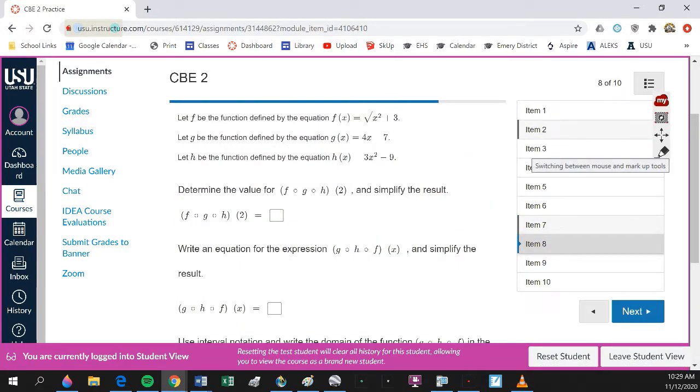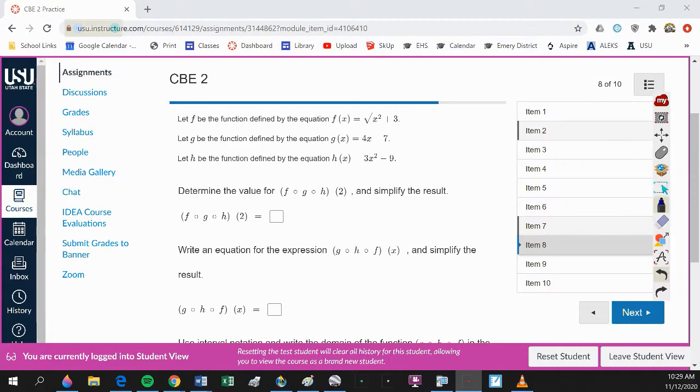All right. So here we plug 2 into h. So 3 times 4 minus 9. 12 minus 9 is 3. What do I do with that 3? Plug it into g. 12 minus 7 is 5.